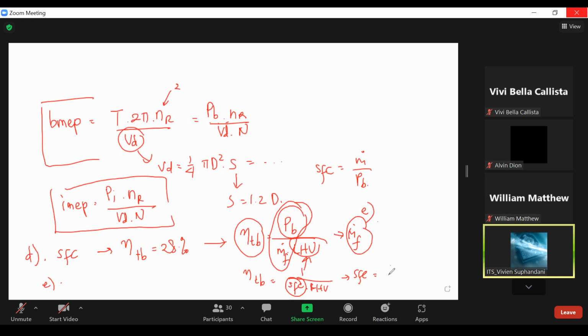But check for the unit first. Okay, all right, so I think that will be all. For example, the important thing here is that we can calculate PMEP. Okay, so I think that is all for today.